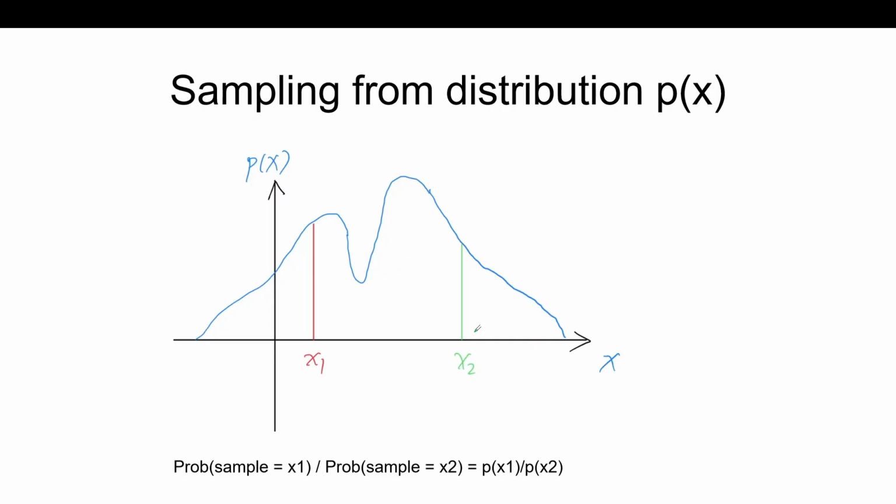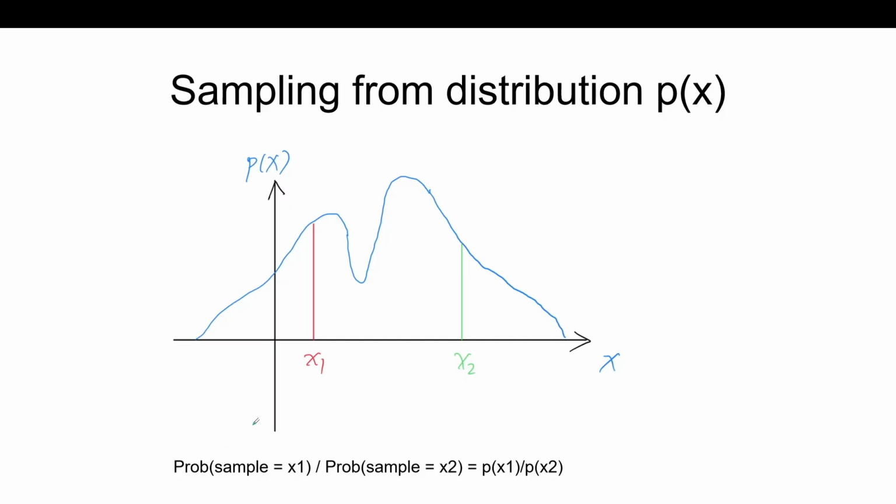When we think about this problem, the first thing we need to know is that the probability of sampling any sample is proportional to the probability density at that sample.